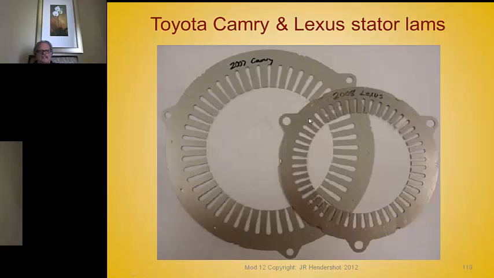The other thing I find interesting about these punchings is that for mounting this thing to wherever it mounts to, they've added these little ears here with holes in them. And that's a heck of a waste of material to do that. I'm surprised they do that. It seems to me if they used 4 of these instead of 3 and put them on the 4 corners, you would use less material.